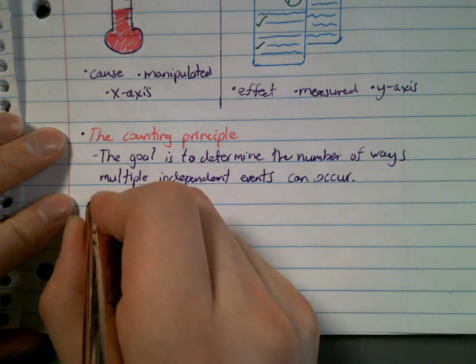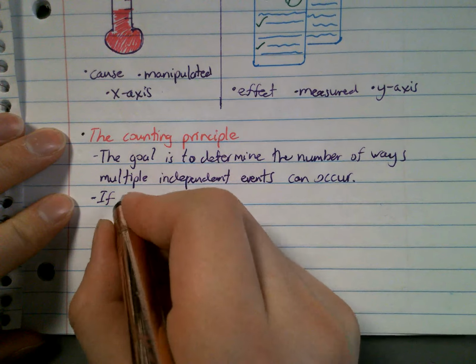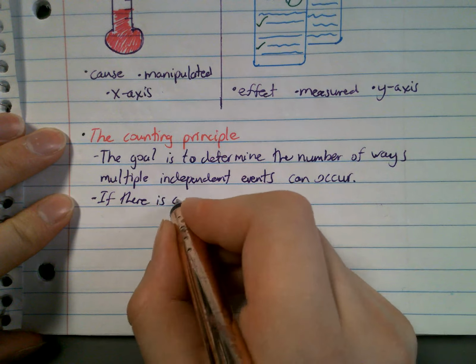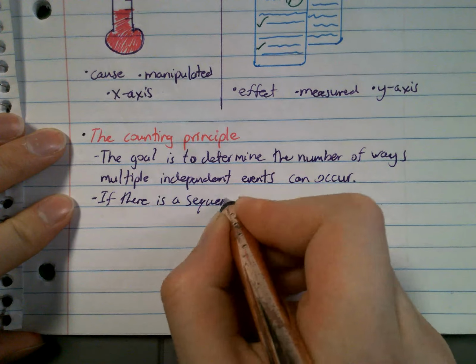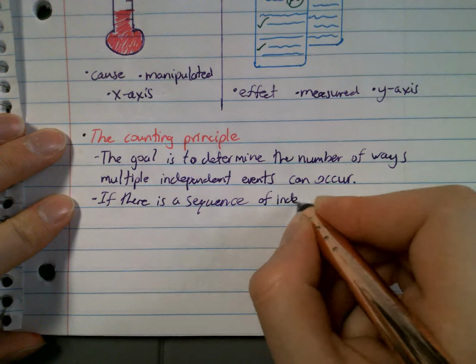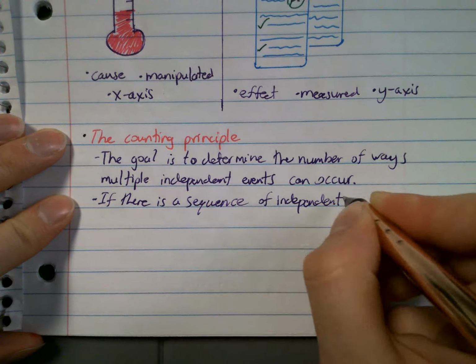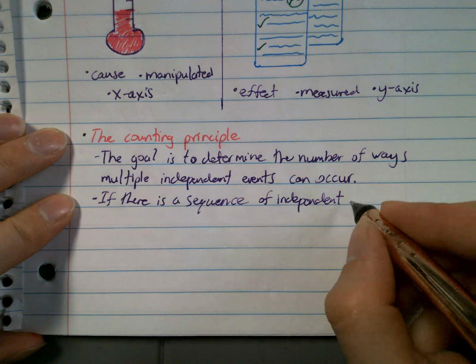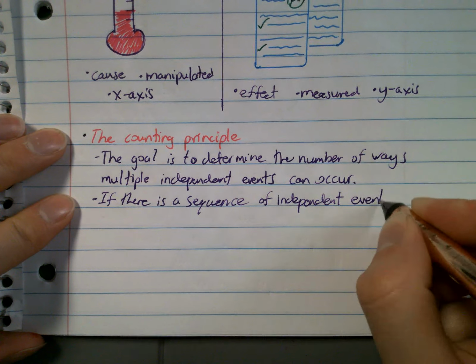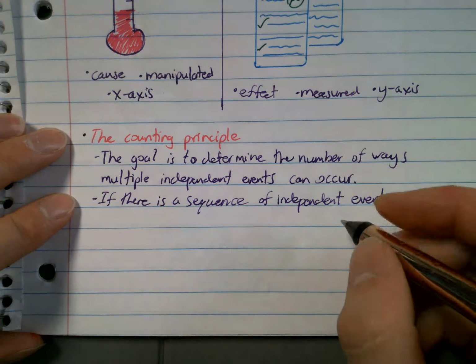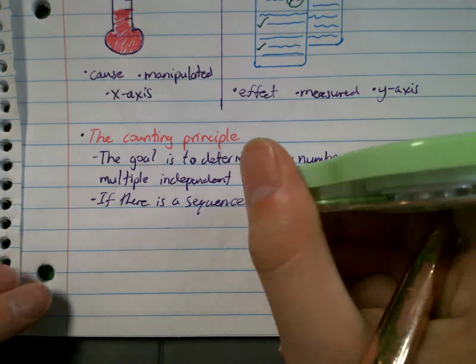So this is the algebraic statement of that. If there is a sequence of an independent event, or a sequence of, there is a sequence of an independent event. So put an in there, my bad.